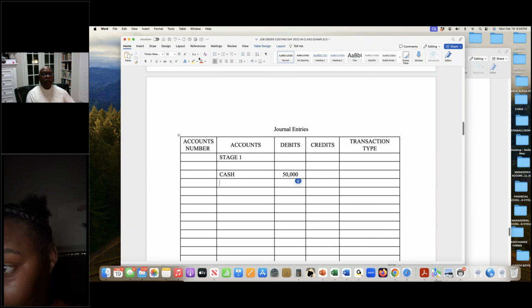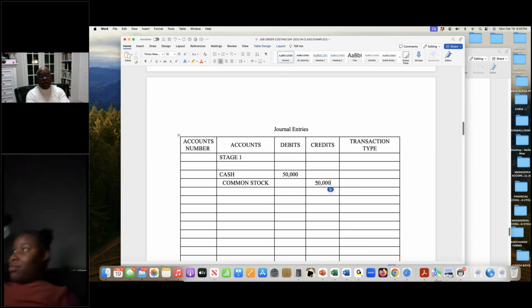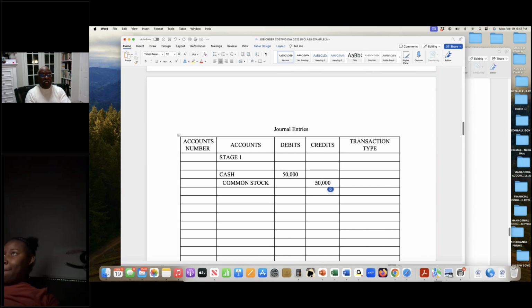What might we credit? Common stock. So that's the first journal entry we're gonna make as we form the company, and eventually we're gonna buy the raw materials.